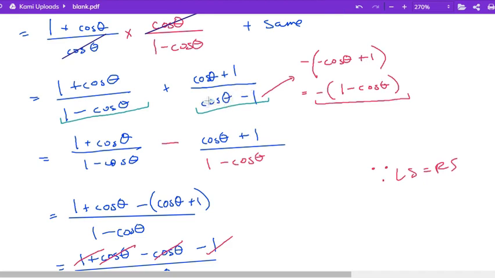That would make the cos negative and the 1 positive. That's where I got that negative in front, and then that negative went to the front of the fraction. So then why is it 1 minus? Because I factored out that -1.